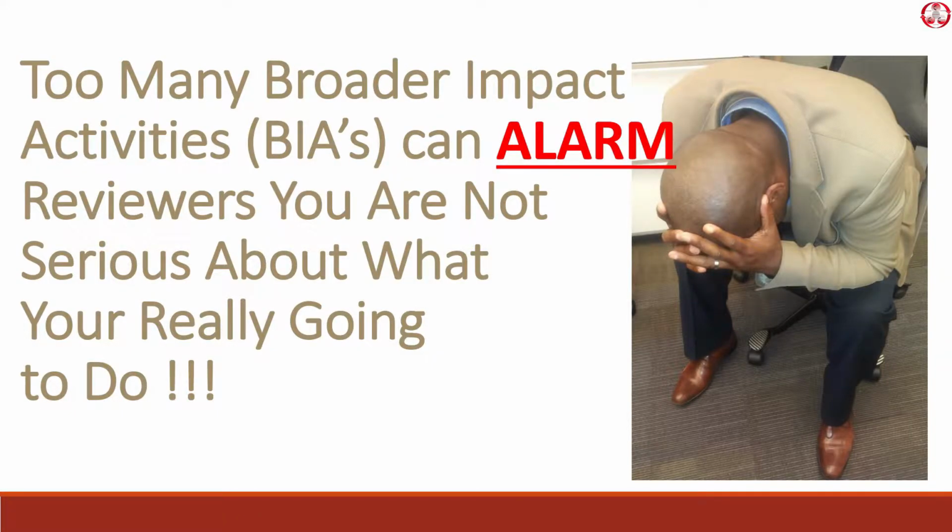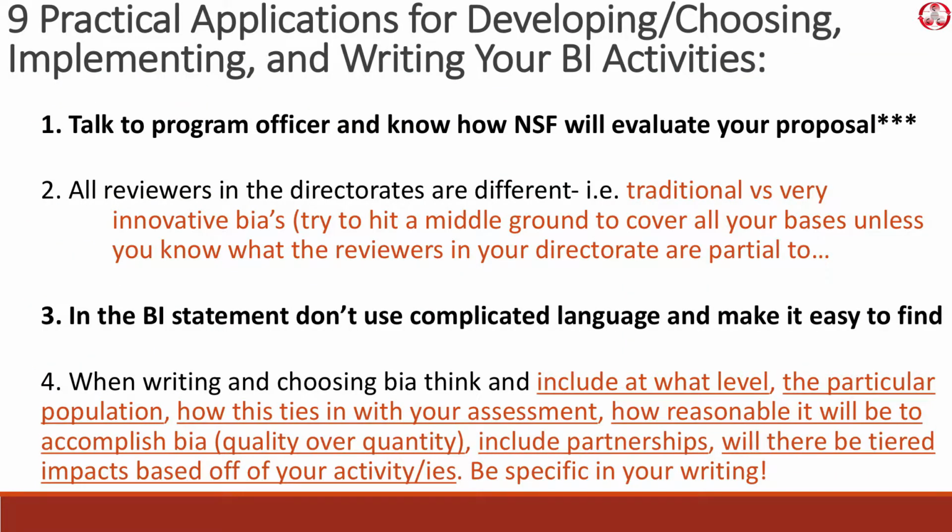So it's important to make sure that you're not proposing so many activities that they know you're never going to get any of it done, because your activities should support your outcomes. So you could have 1 or 2 outcomes and then 3 activities that are going to support you reaching your outcomes or those benefits. So it's important to cover a middle ground when you're not sure.